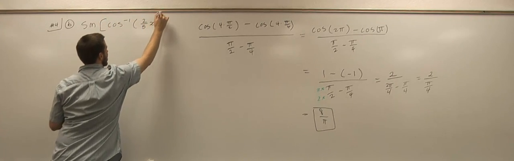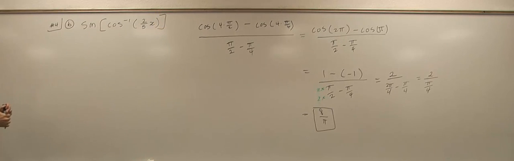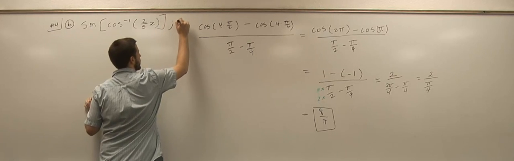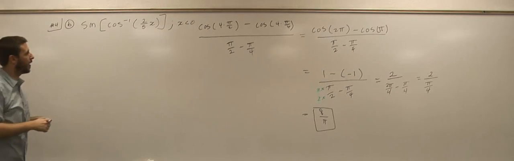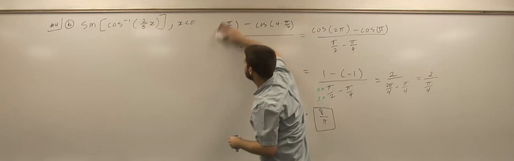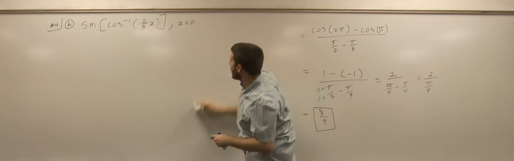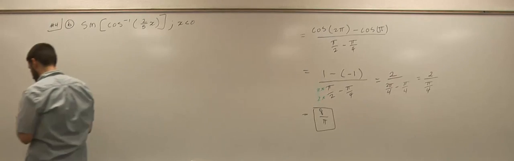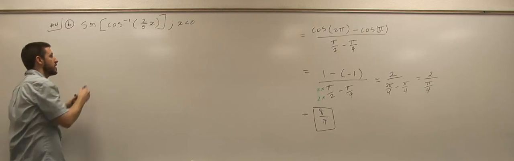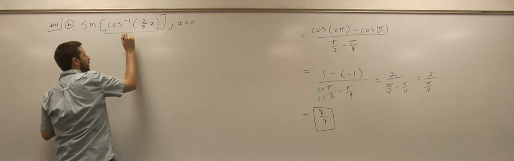Same idea, but it has an x in it, so that makes it a little harder, right? x has to be less than 0. All right. So then it's the same idea though. What does cos inverse represent? An angle or a ratio? It takes in a ratio and spits out an angle. So this whole thing you want to think of as an angle.